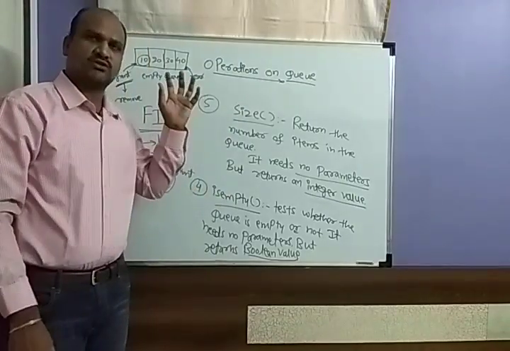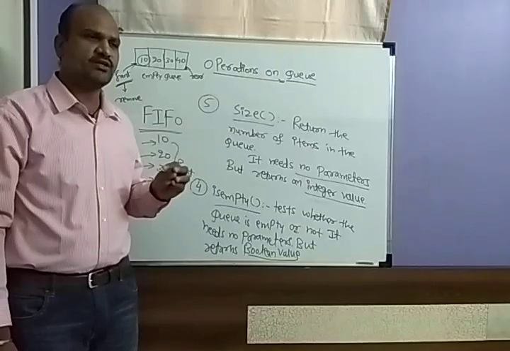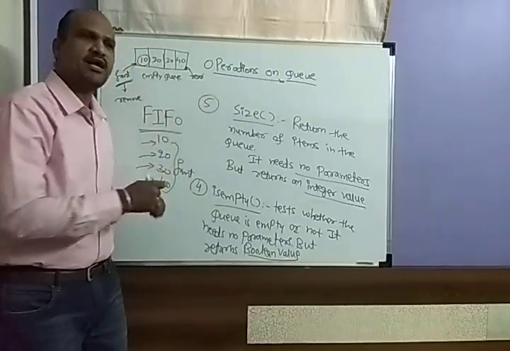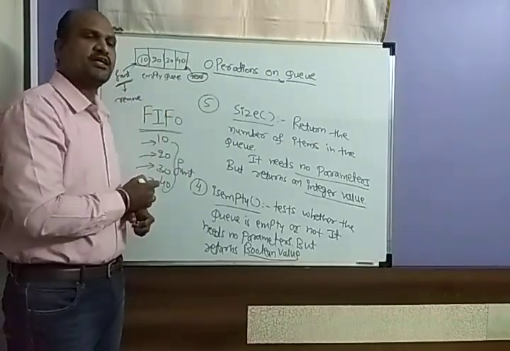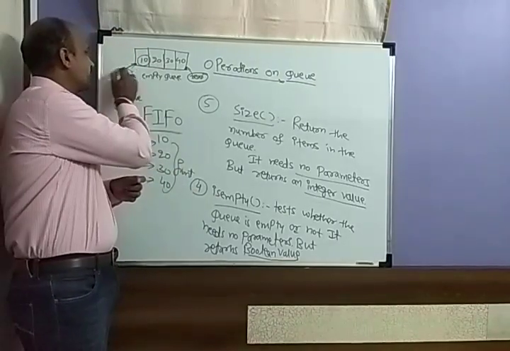One is queue, that is you have to create a new queue. Then the second one is enqueue, that is you are adding the items from the rear. Then the third one is dequeue, we are deleting the item from the front.